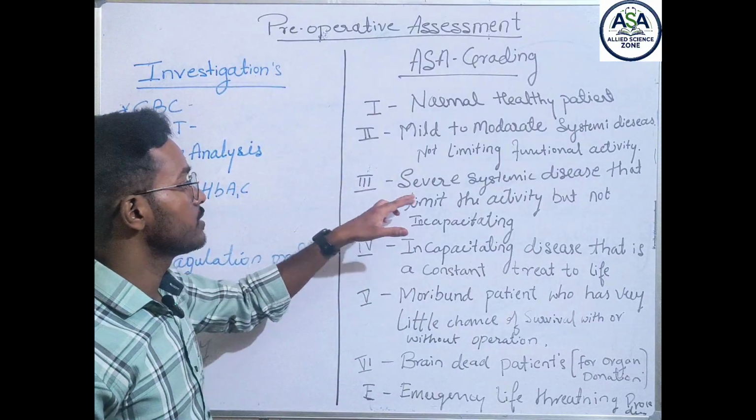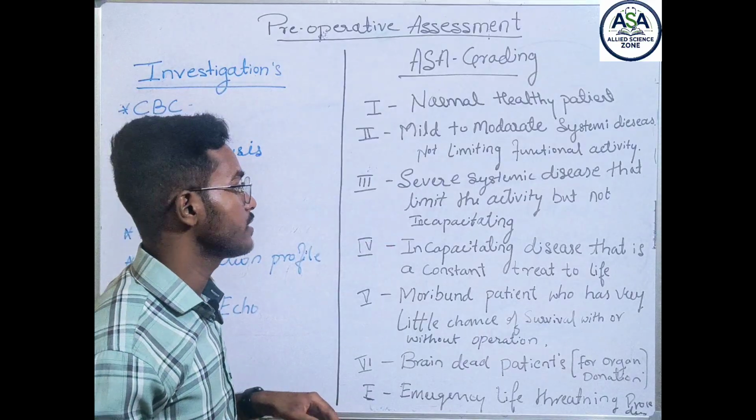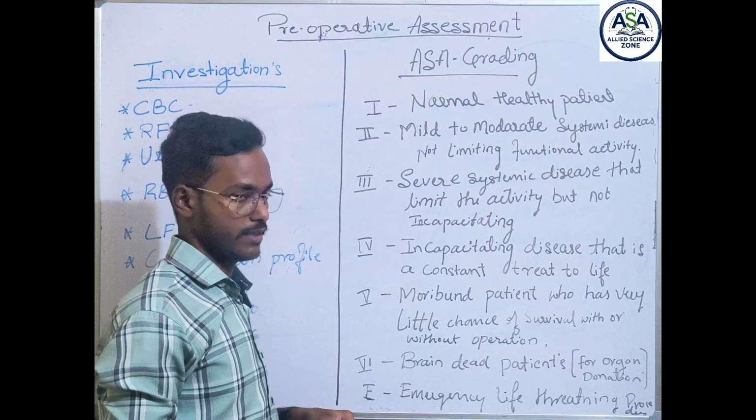ASA 3 is severe systemic disease that limits activity but is not incapacitating.